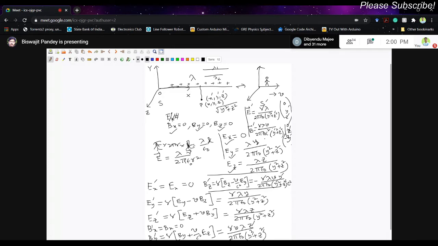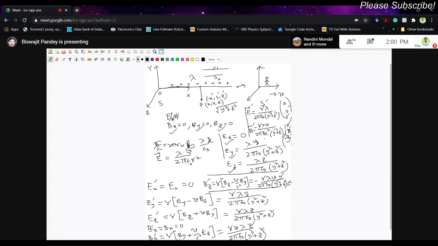For the time being, I will discuss this simply because we are discussing inertial frames, where the frames are moving with uniform velocity. Now if I introduce a moving point charge, which is moving with respect to the laboratory frame with uniform velocity, of course that is the definition of inertial frame, then can we calculate the electric field and magnetic field due to the moving charge?